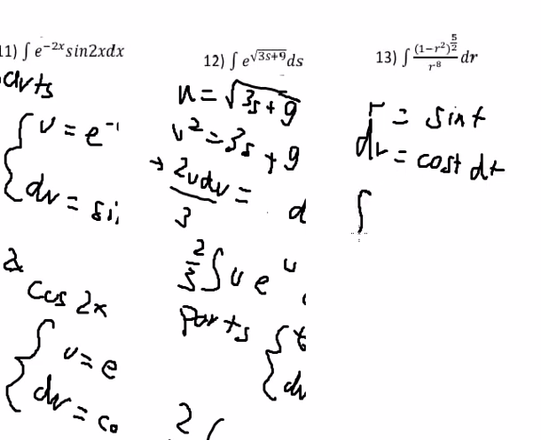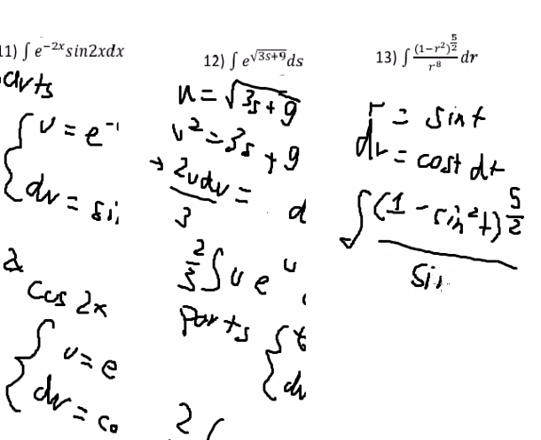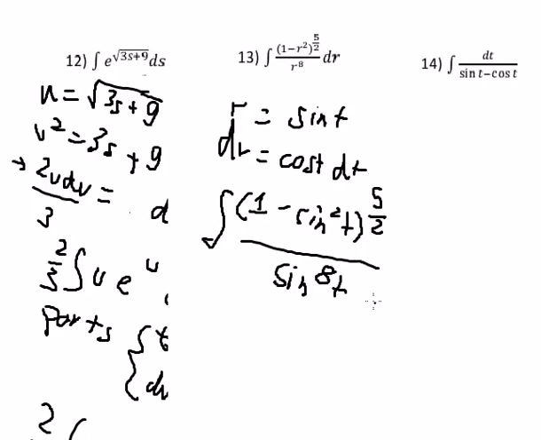So you got 1 minus sine t squared to the power of 5 over 2. This one we change for sine t to the power of a dt, and dr we change for cosine t dt.